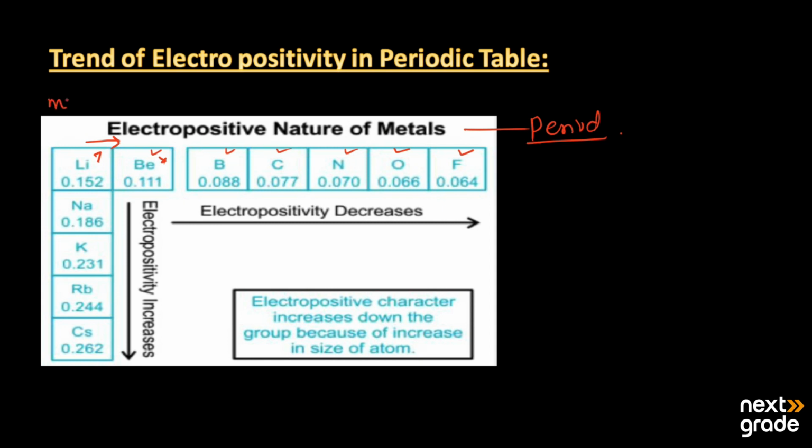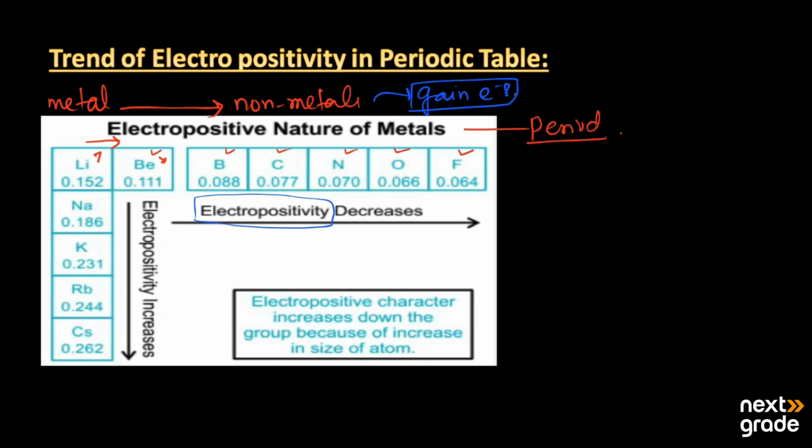So these are the metals and these are the non-metals. After the metals, the electropositive character decreases because non-metals do not lose electrons. Instead, they gain electrons to get a negative charge and attain stability. So from left to right in the periodic table, the electropositive character decreases.